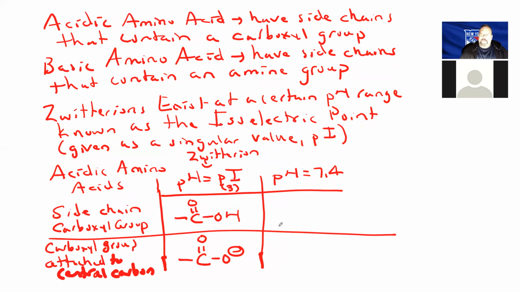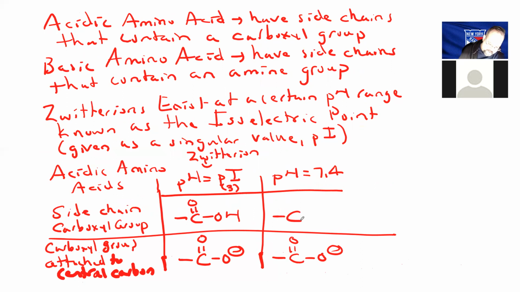But what about a pH of 7.4? Well, it turns out that the carboxyl group attached to the central carbon stays the same. As you saw in the notes and as we'll talk about, the carboxyl group attached to the central carbon really only changes if the pH gets really, really low, down to about 2 or lower. But what about the side chain carboxyl group?